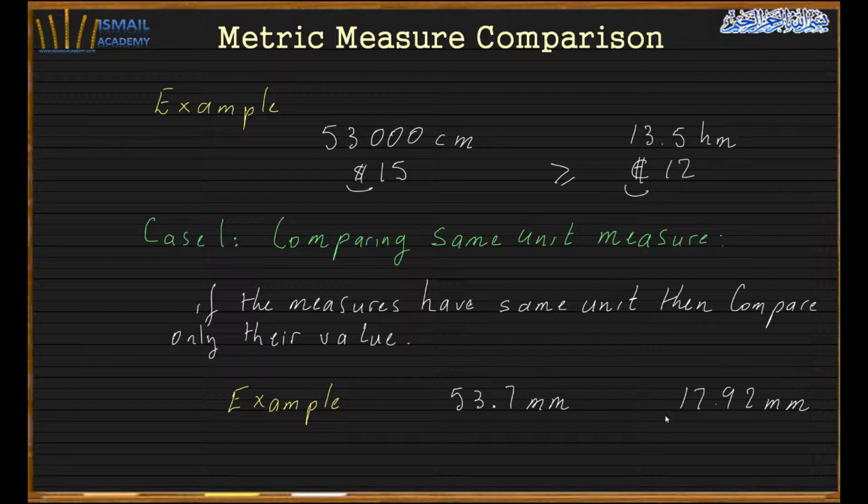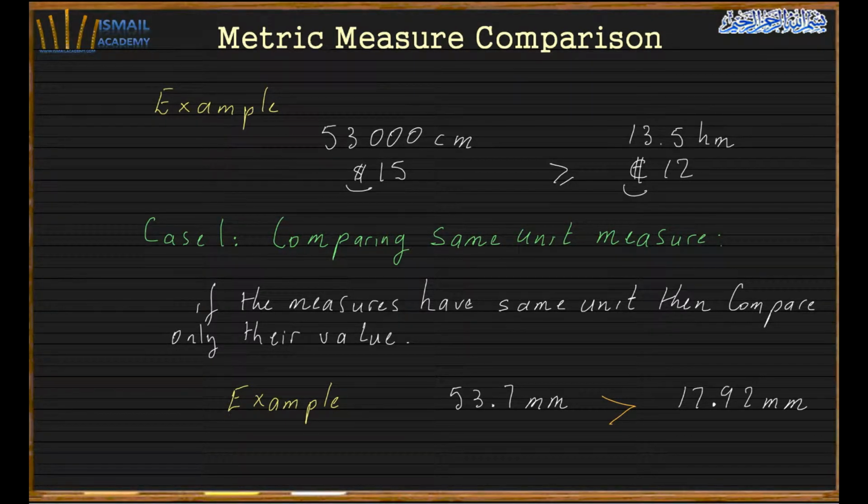So I'm going to compare the corresponding place value. Both of them are positive, so the greater the digits, the greater is the number. So I will check here 5 is greater than 1 because I'll start with the tens. So 5 is greater than 1, that means this value is greater, so this means I'm done. So that's the idea. If the unit measures are the same, I don't need to do anything, just compare the value of the metric measure.